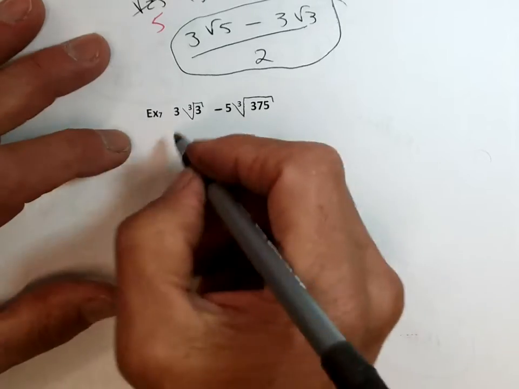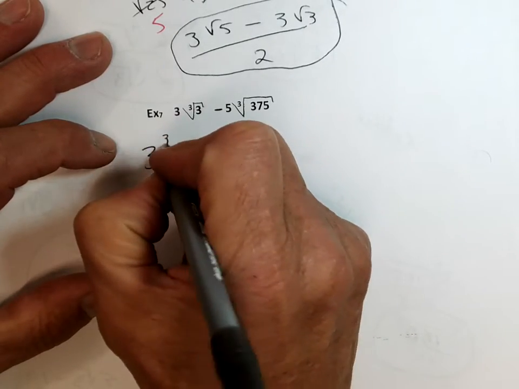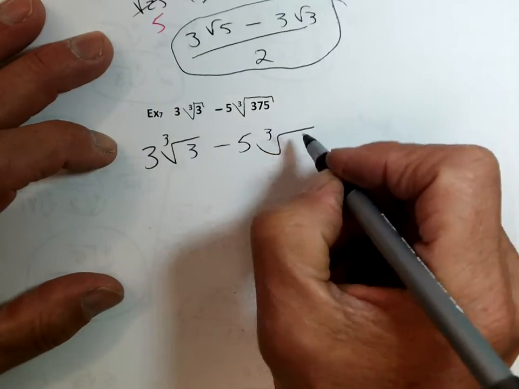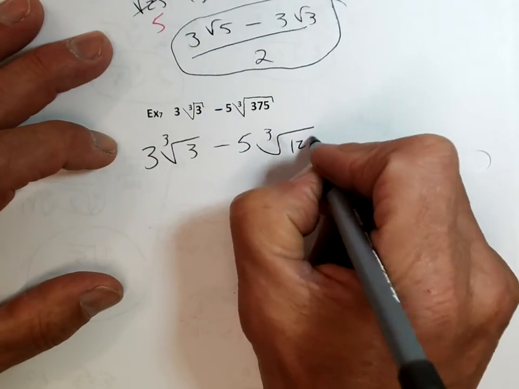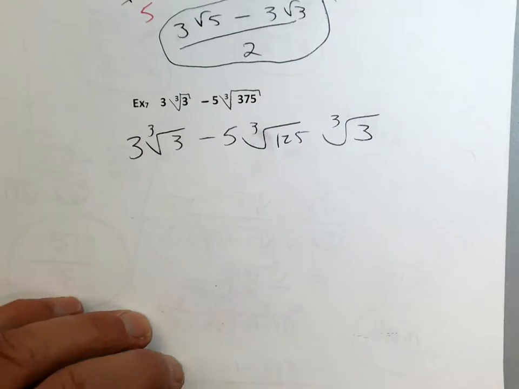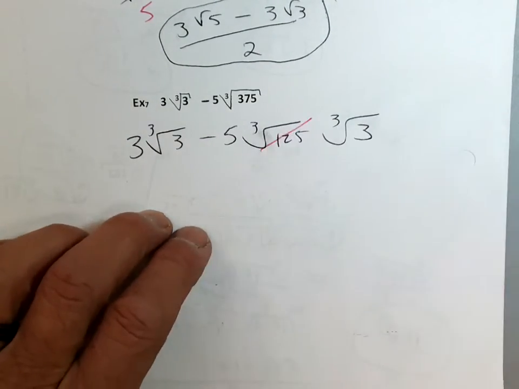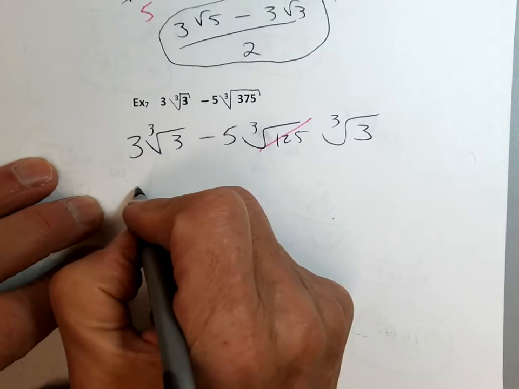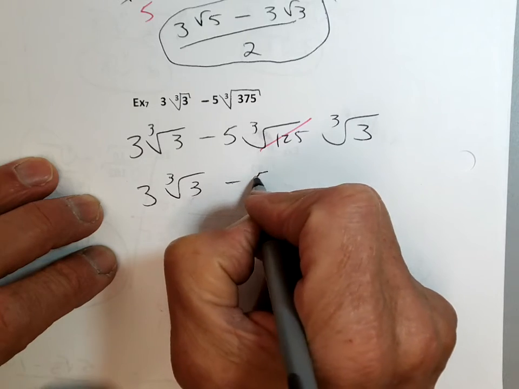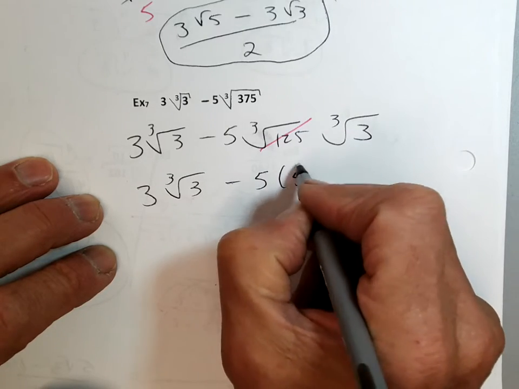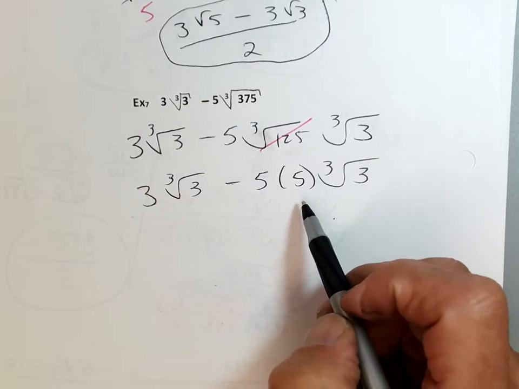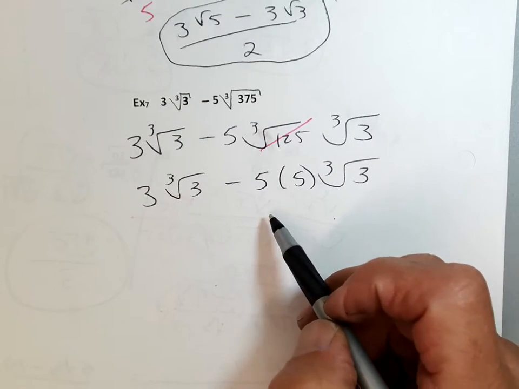So let's rewrite this. 3 times the cube root of 3 minus 5 times the cube root of 125 times the cube root of 3, okay? That's 5, right? 3 times the cube root of 3 minus 5 times another 5 times the cube root of 3, because the cube root of 125 is 5, because 5 times 5 times 5, okay?